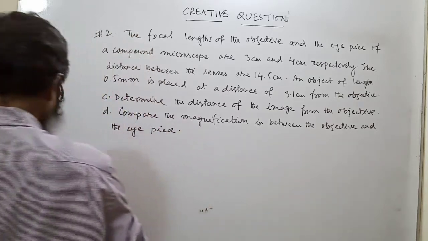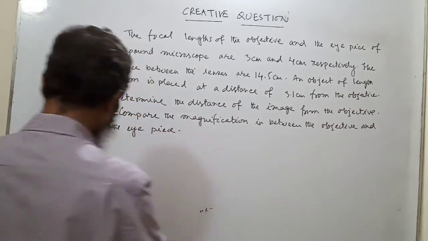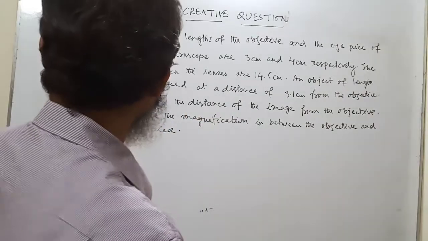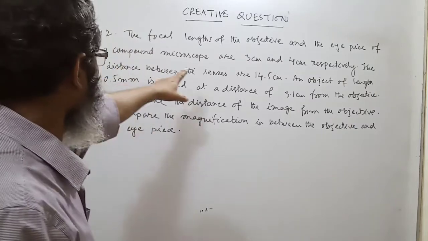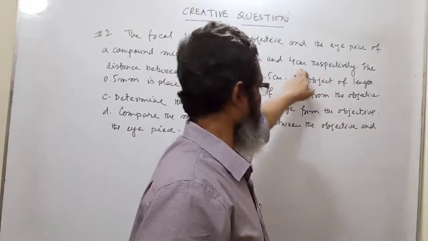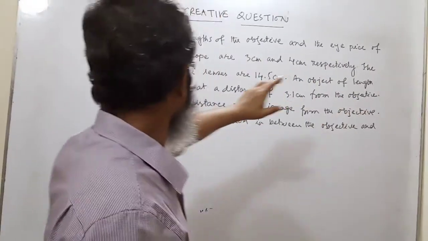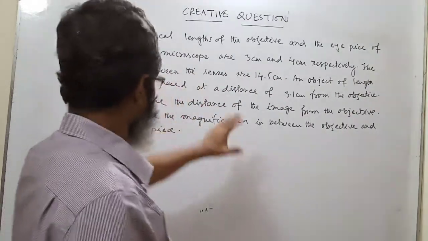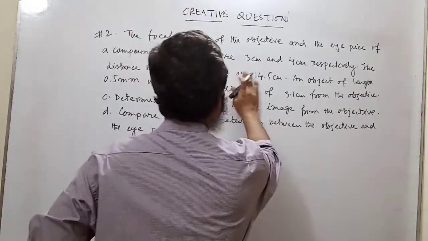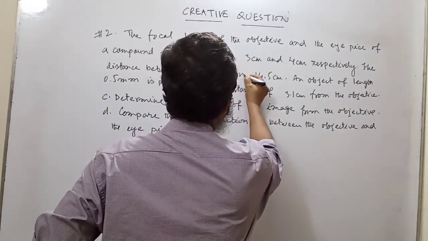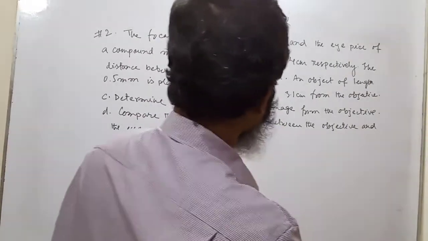I read the question. The focal lengths of the objective and the eyepiece of a compound microscope are 3 cm and 4 cm respectively. The distance between the lenses is 14.5 cm.